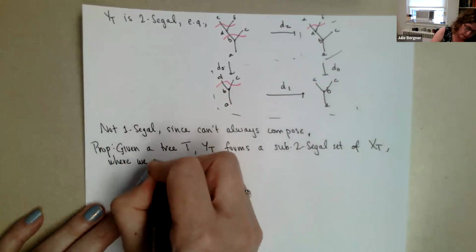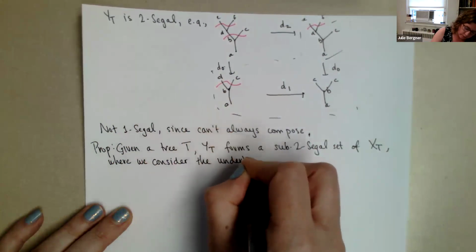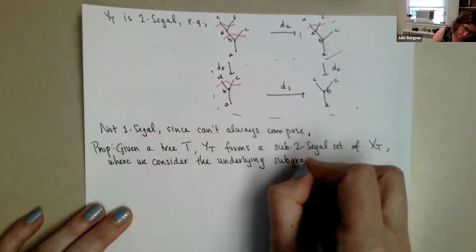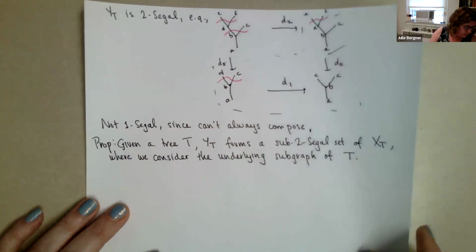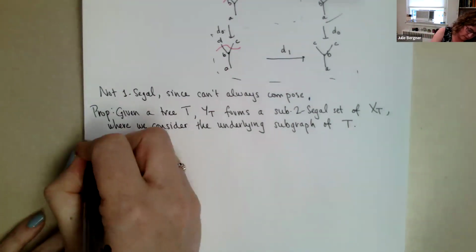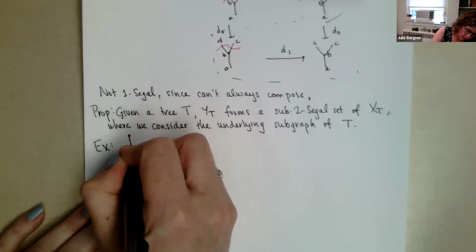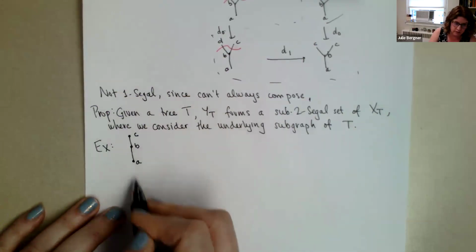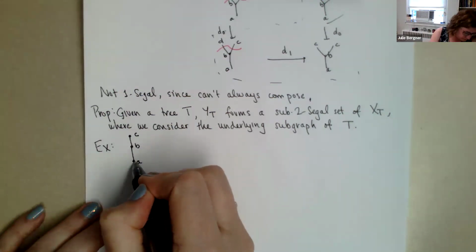So we consider the underlying subgraph of T. So just as an example, here was our running example of a graph where we have A, B, and C, but I'm going to draw it suggestively this way. So A is the root.